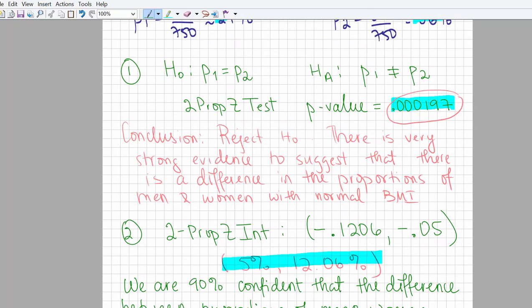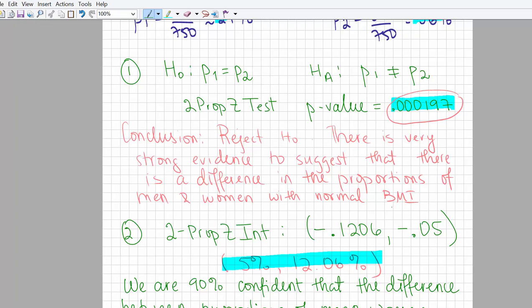Again, just like in the example with sample means, whenever you have a confidence interval that does not contain 0, this is good. That means we should have rejected the null hypothesis, and we did. Hypothesis testing tells you if there is a difference, if the difference is significant, and the interval tells you what that difference is or where it's contained.